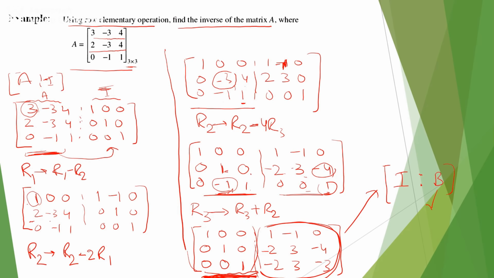It is A inverse. So A inverse is: 1 minus 1 0, minus 2 3 minus 4, minus 2 3 minus 3. So this is the process to find the inverse by elementary transformation.